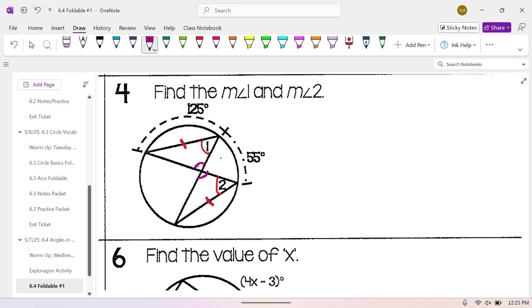Which arc has 2 inscribed angles connected to it? The 125 or the 55? The 55. So the inscribed angles connected to the 55 are right here.